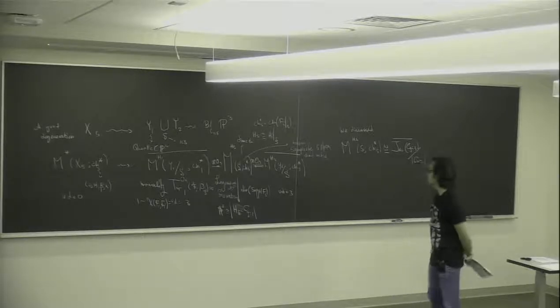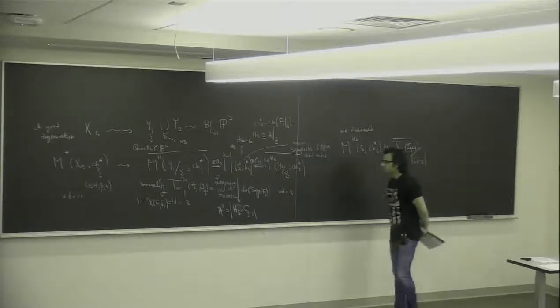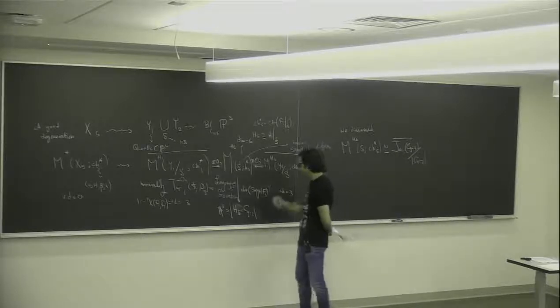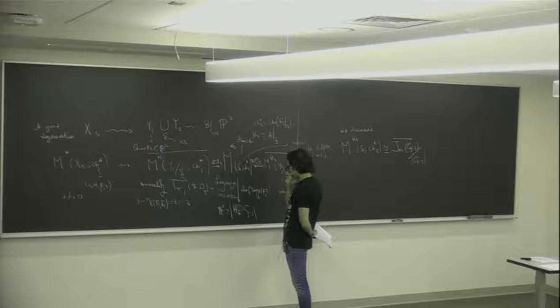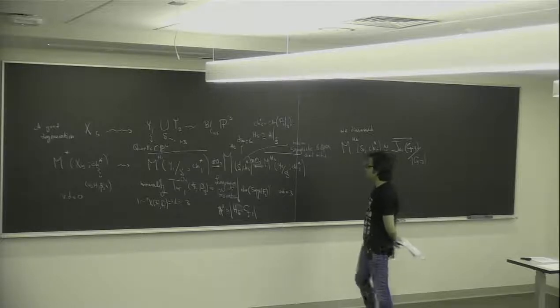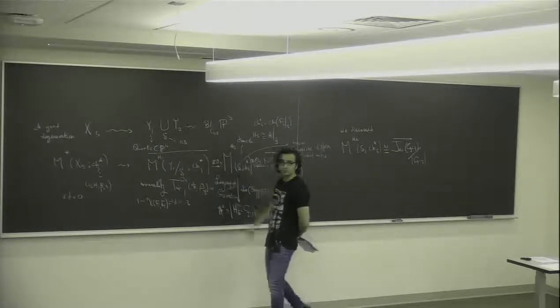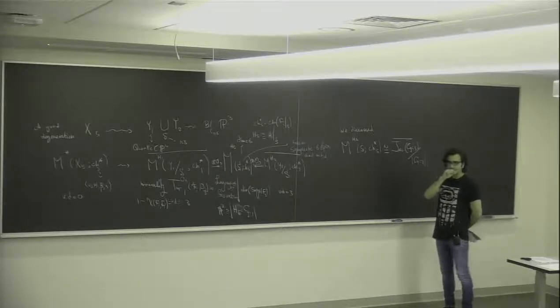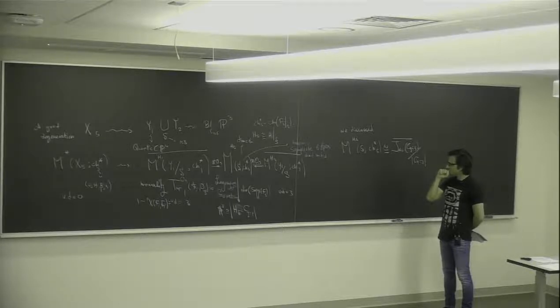Let's see what it is. Well, I think the base is smooth too. But the fiber must be non-smooth somewhere. I mean, the total space could be smooth, but the fiber could be not smooth.